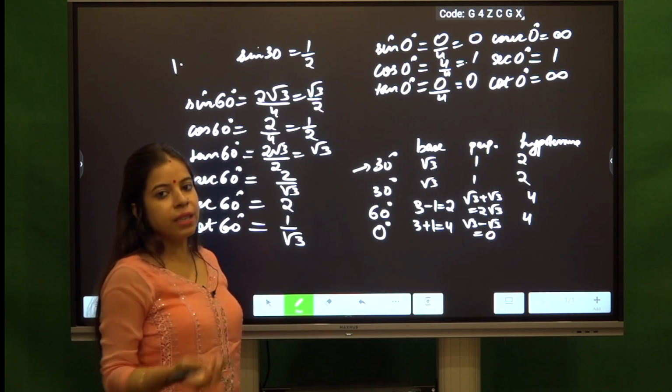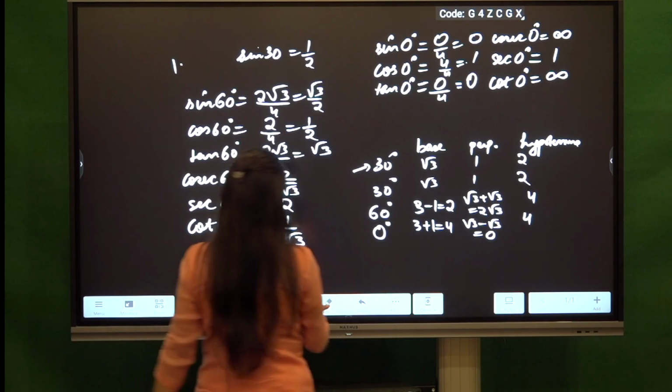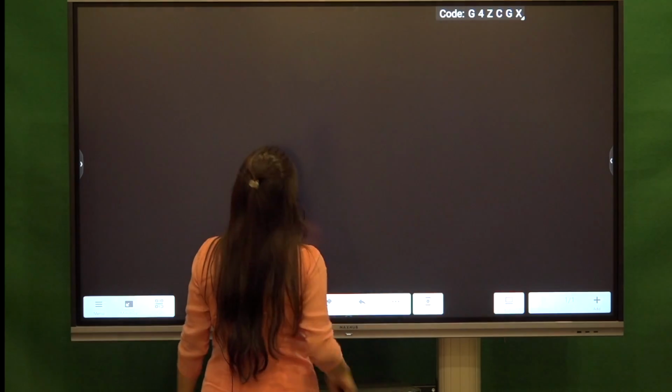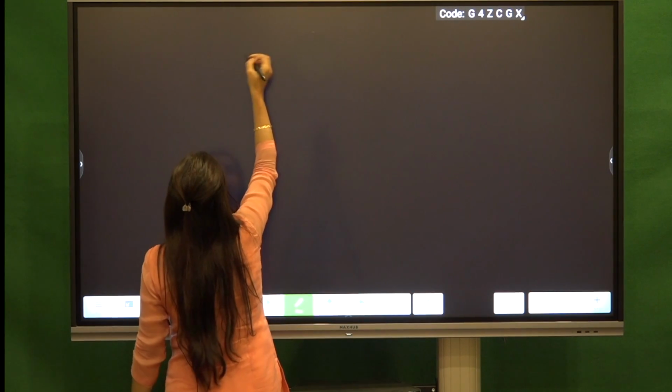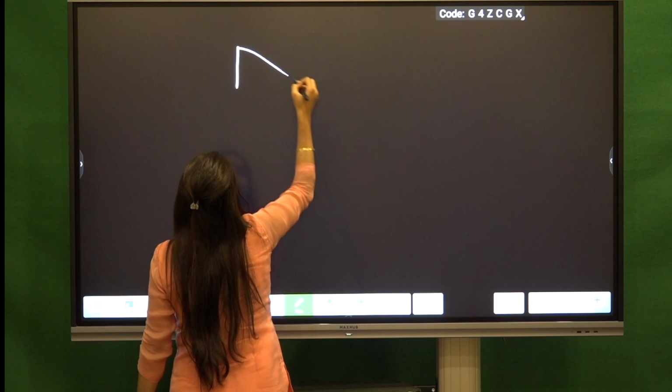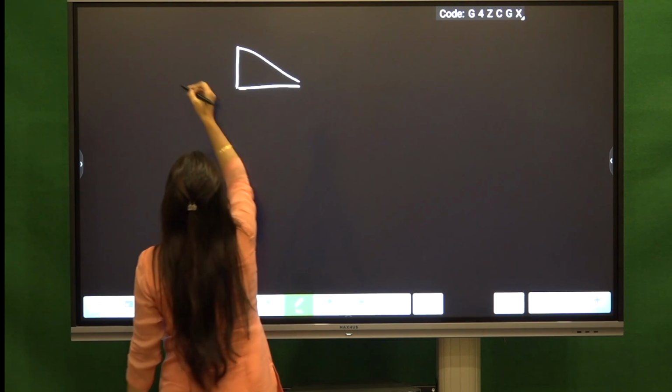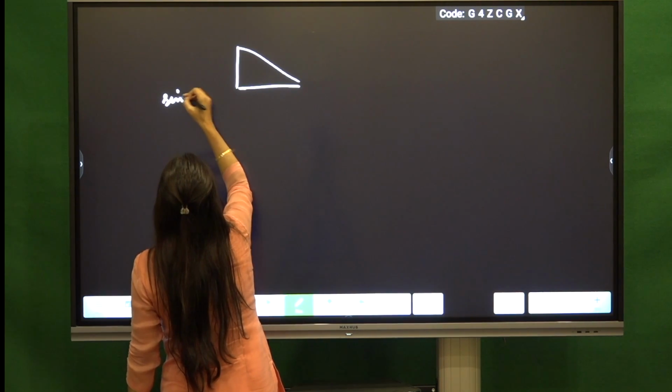Let us take another example. Say we have sine 45 degree as 1 by root 2.